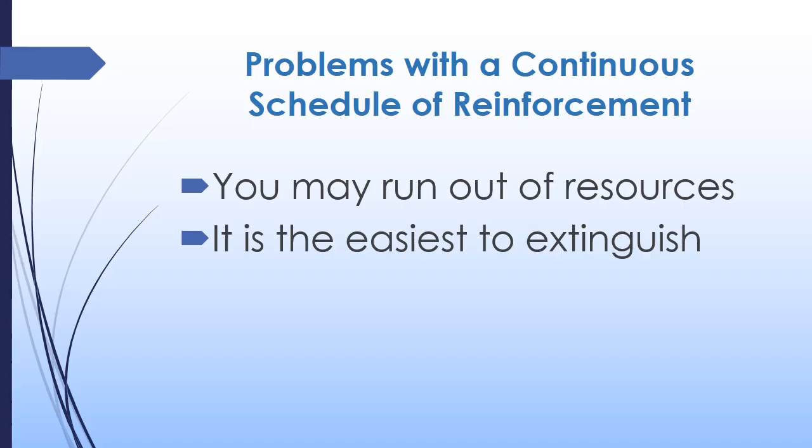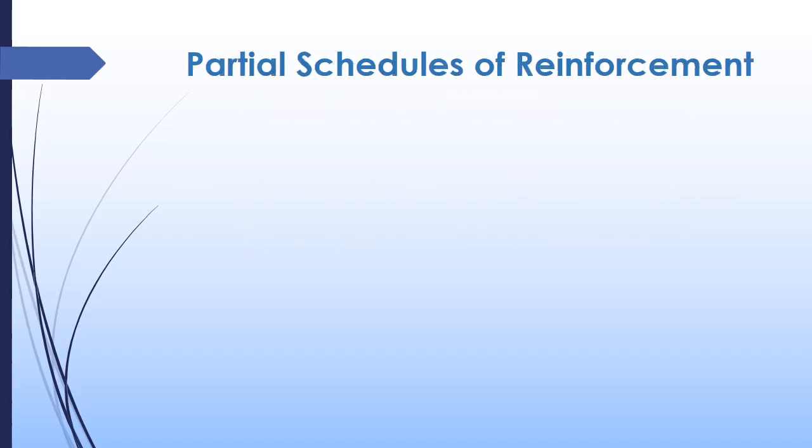Fortunately, you don't have to stay with a continuous schedule of reinforcement. Yes, it should be used to establish the behavior, but then you can switch to a partial schedule of reinforcement. There are 4 partial schedules of reinforcement. And if you remember what I'm about to tell you, it will be easy to keep the partial schedules of reinforcement straight.